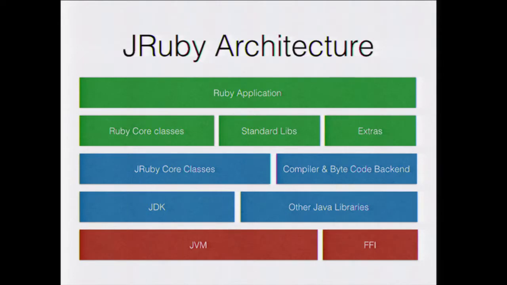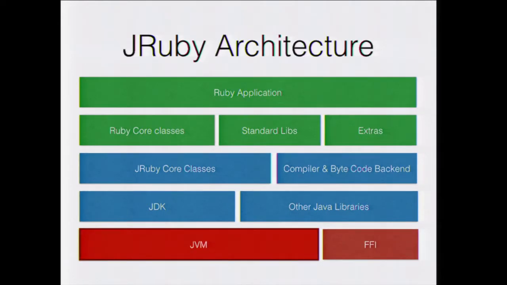So let's look at what JVM improvements will bring us. The JVM is constantly evolving, and without the JRuby team doing any work at all, JRuby can get faster because the JVM becomes faster.